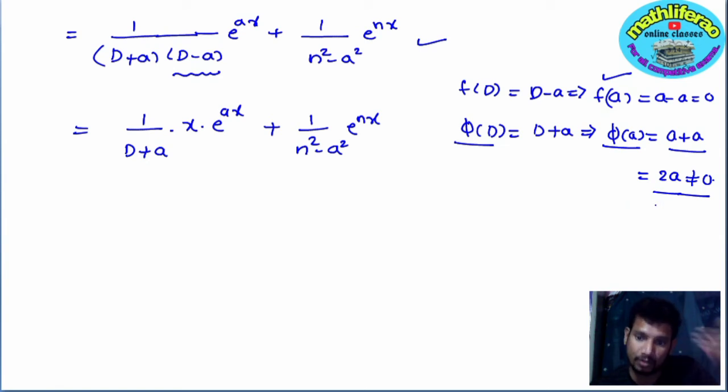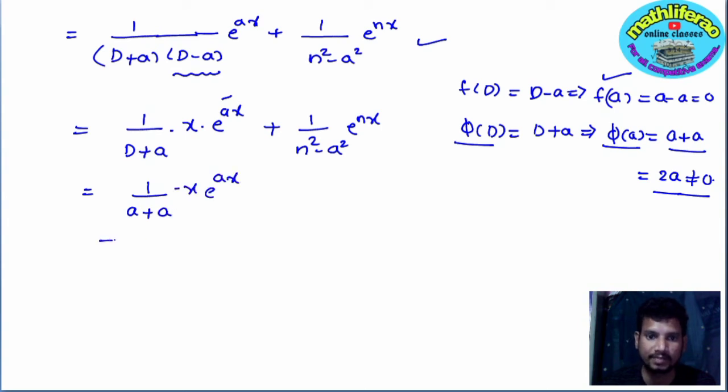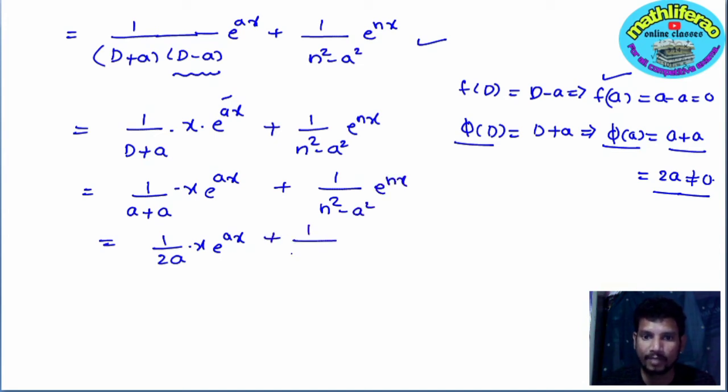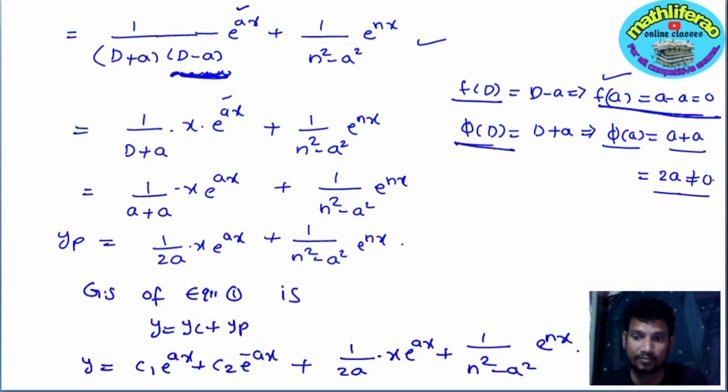Again we go to the first case. After applying the second case, going back to the first case, here 1 by d, replace d by a plus a, into x into e to the power ax, means 1 by 2a into x into e to the power ax. In the second part, 1 by n square minus a square e to the power nx. This is the particular integral of this question. This is the solution of the third question.